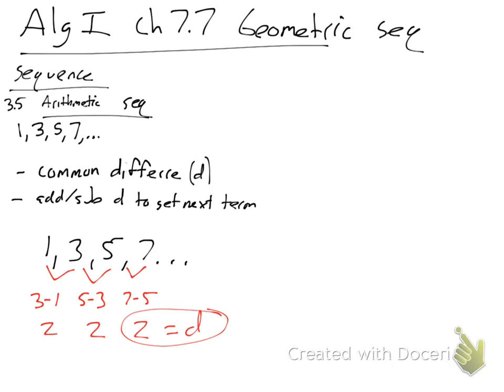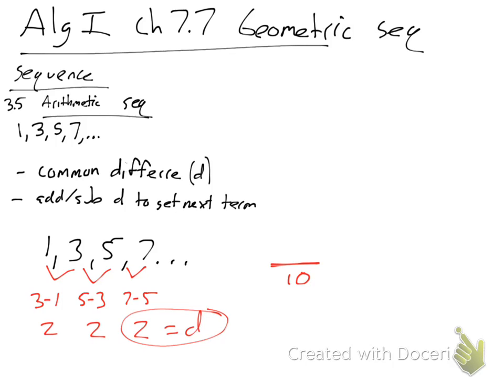You guys remember that? Now, here's the thing. If I wanted to know all the way to the 10th term, you would just have to keep on adding until you get to that point, right?